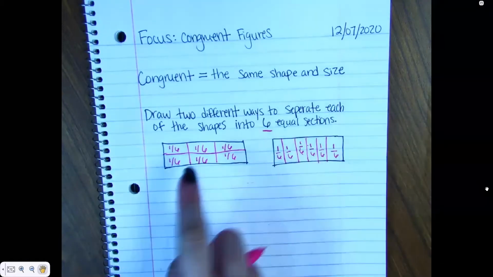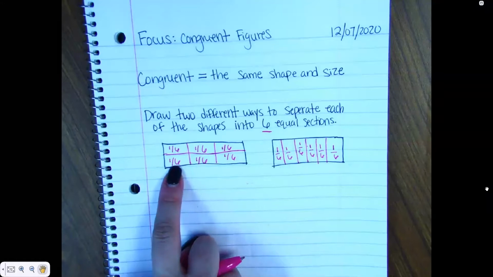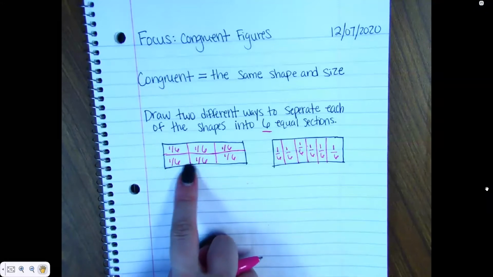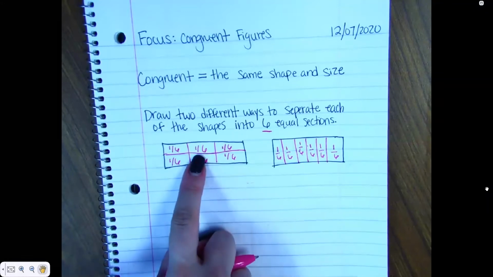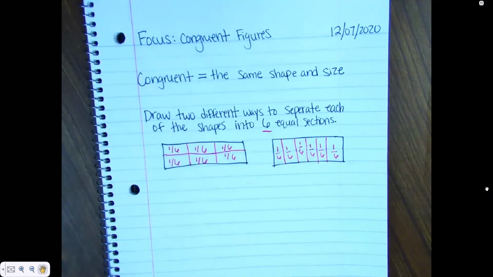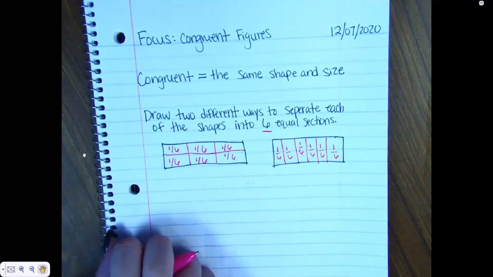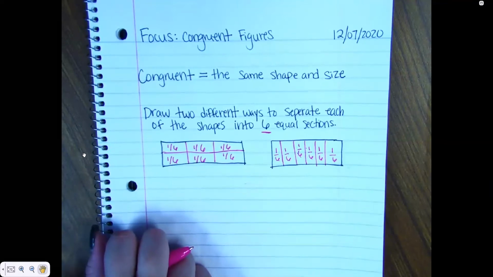Okay. So do y'all notice how I'm putting 1 out of 6 in these boxes? That's because each of these pieces is 1 out of 6 pieces, right? And I want to make sure I number them. I did different from you on the first one.